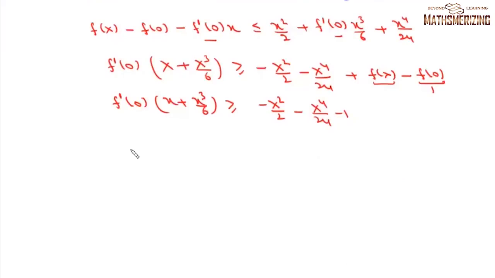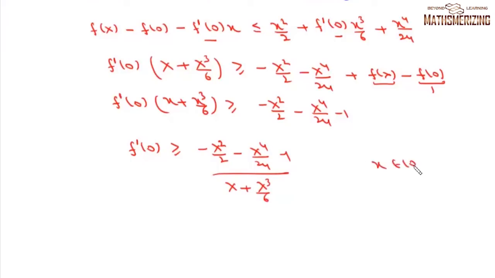And from this we can write f'(0) will be greater than or equal to minus x² by 2 minus x⁴ upon 24 minus 1 upon x plus x³ by 6. This will be true for any x which lies in the interval 0 to 1.